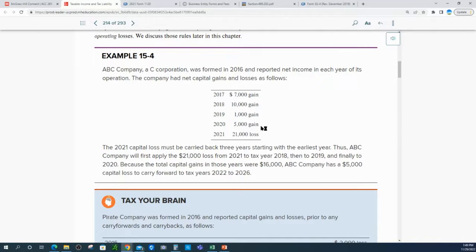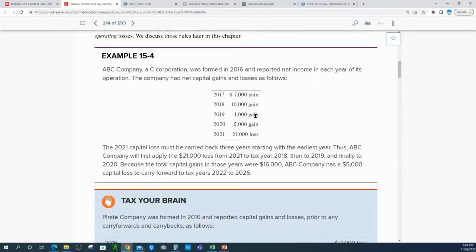We can take it back 3 years though. 1, 2, 3. So we'll take $10,000 and go back and amend the 2018 tax return, and we'll get probably a refund because we can offset that $10,000 gain.